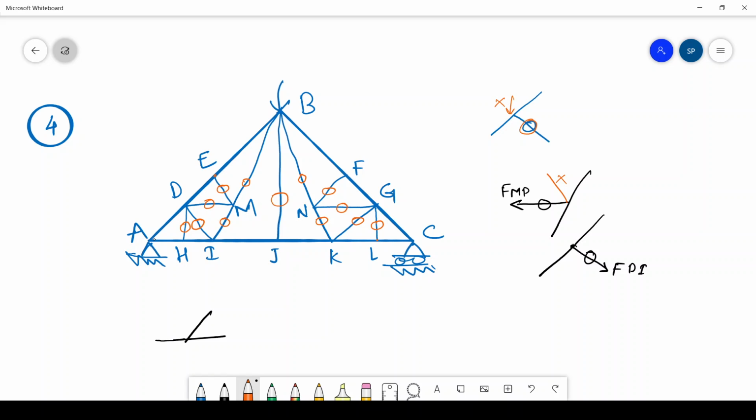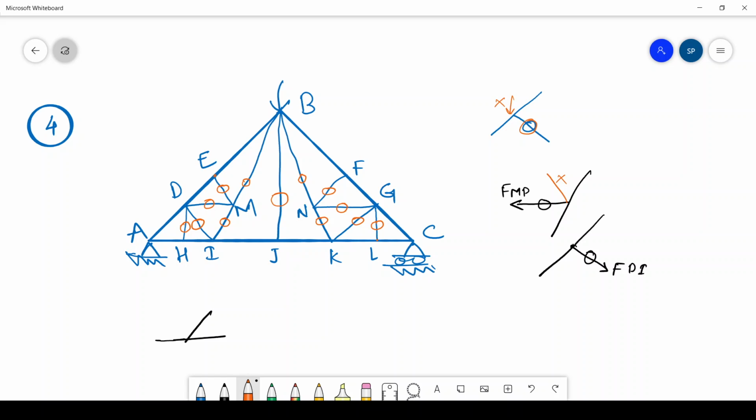Member force AD, member force AH, and at B, BE and BF. So once you find out these values, your entire truss you can solve. CG, CL, only this joint A, C and B needs to be analyzed, and that will end up your entire truss analysis.